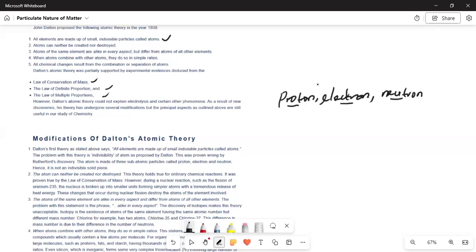Now the question is, why is it that they have different masses? It is because of a different number of neutrons. Recall that the atom is made up of three subatomic particles, and the proton and the neutron are situated within the nucleus of the atom, while the electron revolves around the nucleus in a cloud-like pattern.